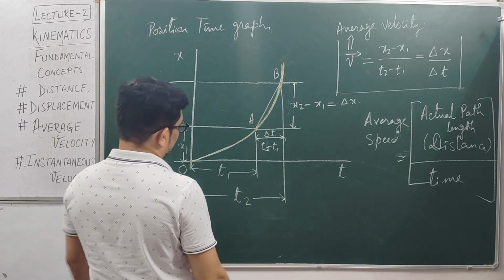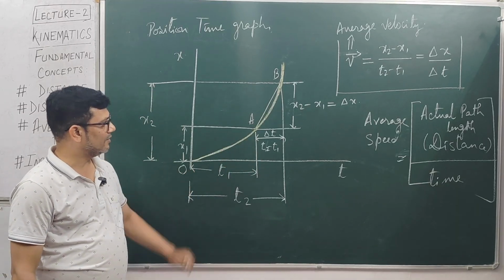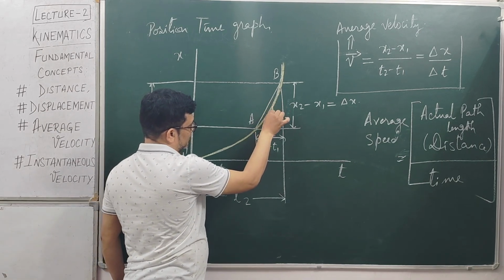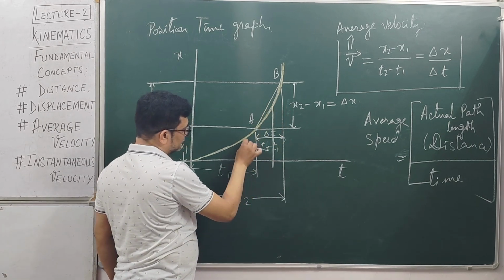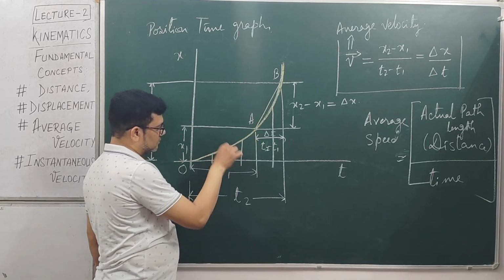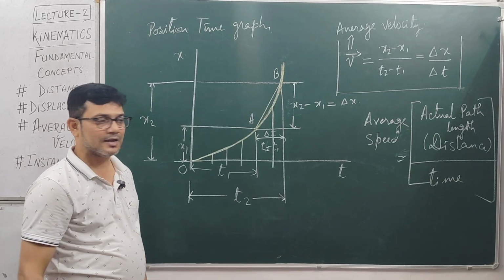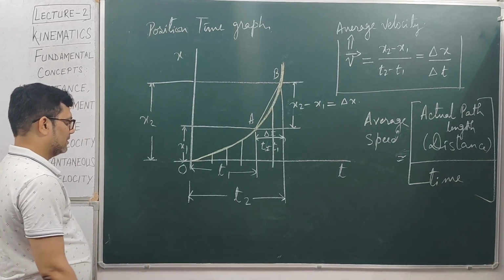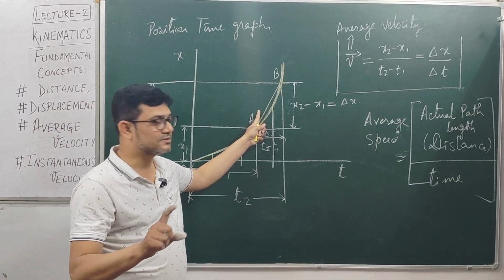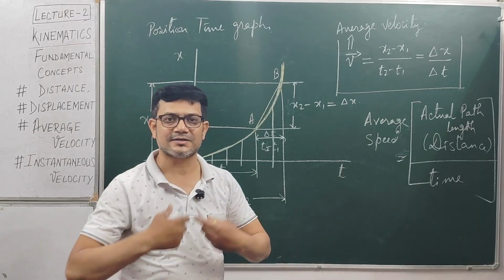Now a question comes, if this is the average velocity, however, if I want to find at any instant of time what is your speed or what is your velocity at any instant of time, this average is not giving you a sense of instant. It's giving you over a period of time. You have slowed down, you have accelerated.